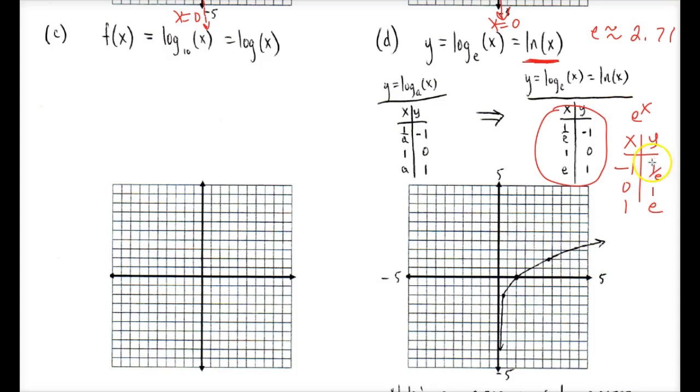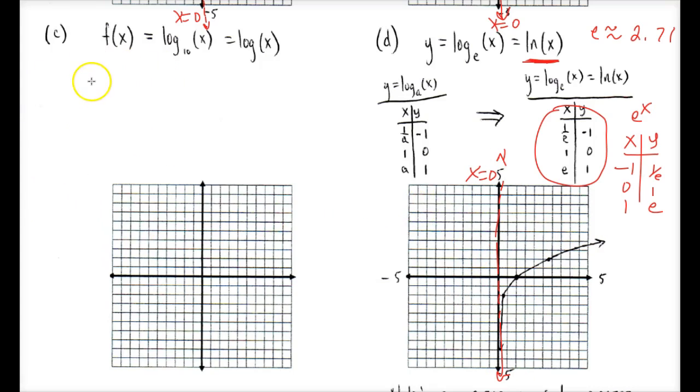Of course, you could take e, put it in your calculator, do 1 over that, and figure out what that is. It would probably be about 0.37 or something like that. And of course, e by itself is approximately 2.71. So that's how I'm estimating where these points are. And again, remember that we have a vertical asymptote at x equals 0. So that means that the logarithm function cannot cross or touch it.